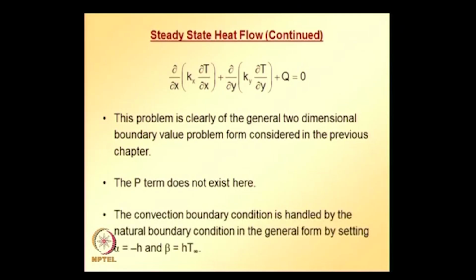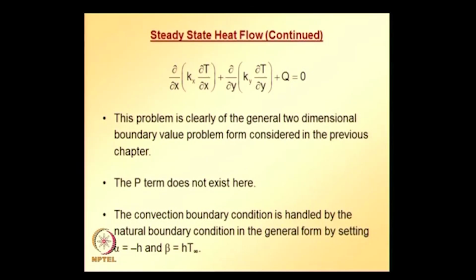So, Kp is going to be 0, and for the boundary condition, if it is an insulated boundary, alpha and beta are going to be 0. If it is a convection boundary condition, then it is handled by taking alpha equal to minus h, beta equal to h times T infinity. T infinity is nothing but the temperature of the surrounding. So, with this understanding we can solve a problem.